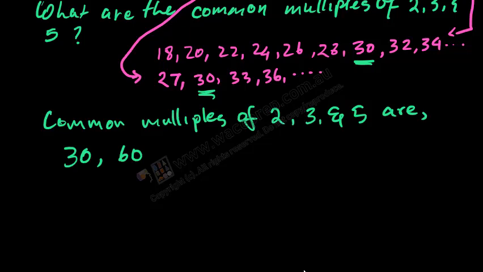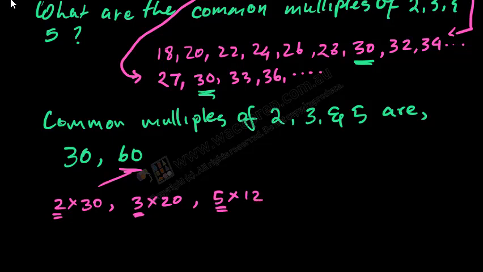So if we do 2 times 30, that's a multiple of 2. 3 times 20 also gives us 60, so it's also a multiple of 3. And 5 times 12 also gives 60, which means it's also a multiple of 5. So 60 is also a common number between 2, 3 and 5.